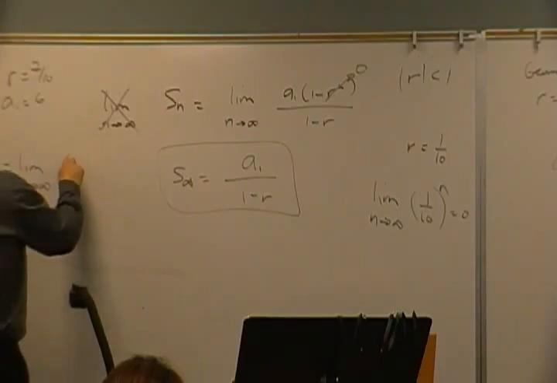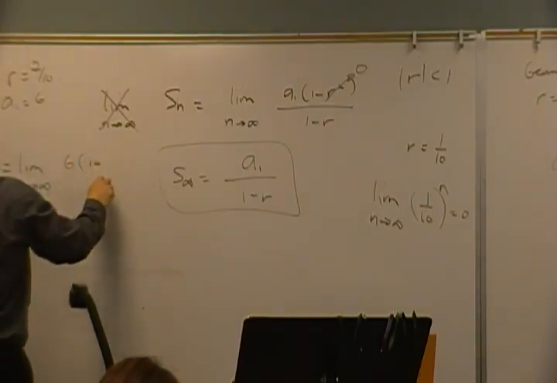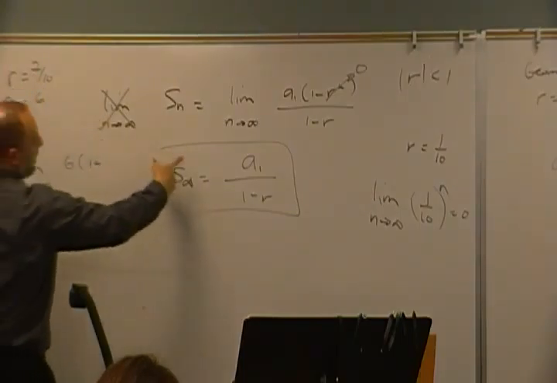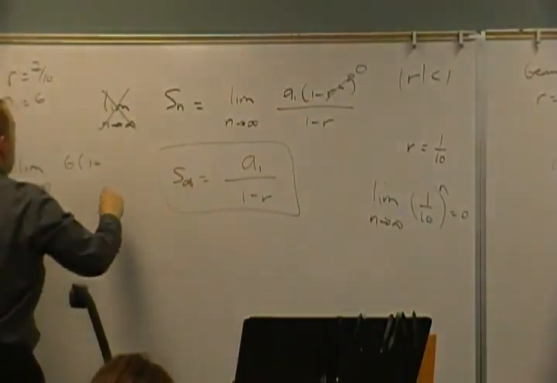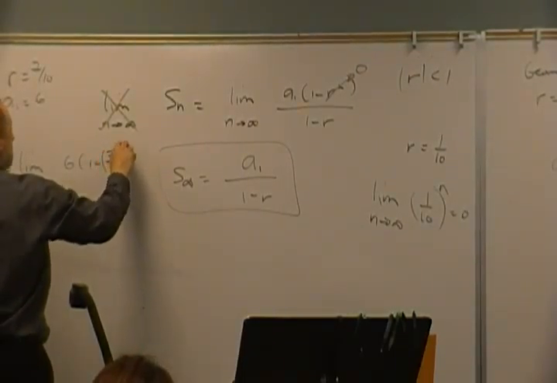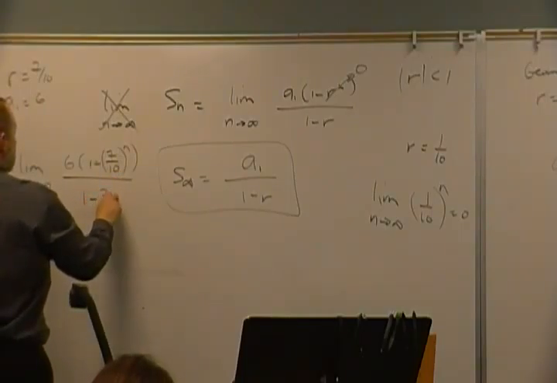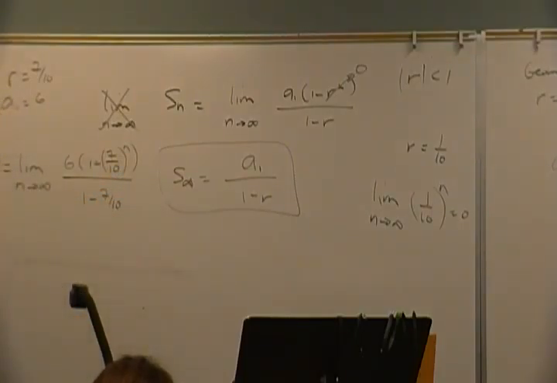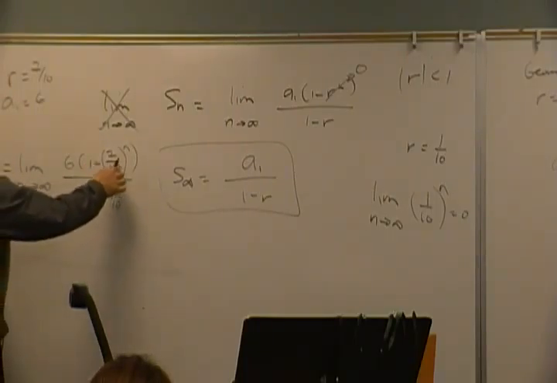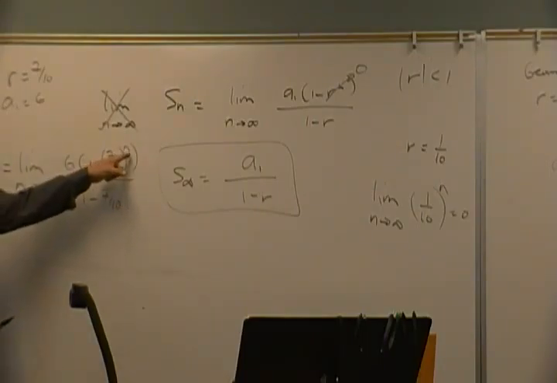So we'll say 6 times 1 minus, now for r here, I have r to the n, so I have 7/10 to the n power. And this is all over 1 minus 7/10, 1 minus r, right? Vicki, what happens when I take 7/10 to the infinity power? Because I'm going to replace n with infinity.